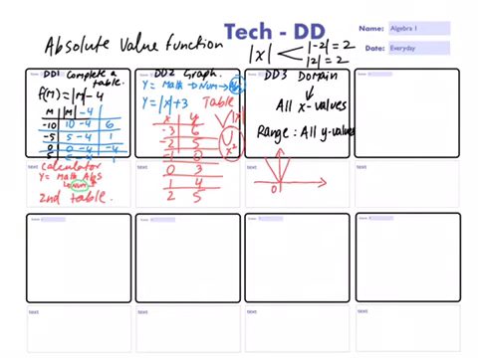Now what are the x values we can take? The x values are anything on this line, right? So from negative infinity to positive infinity, right? What about the y values? The y values are only above 0. So anything above 0 for y, so that would be the range.